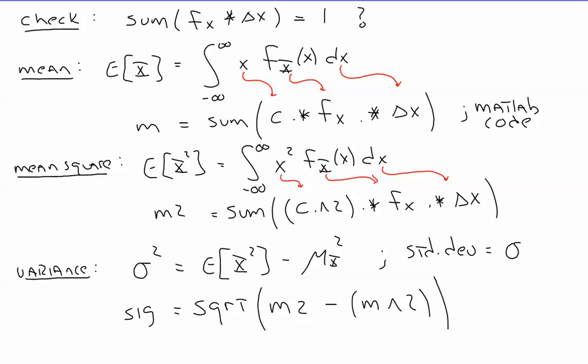So the first thing, let's talk about a uniform random variable on 0 to 1. Uniform random variable on 0 to 1.